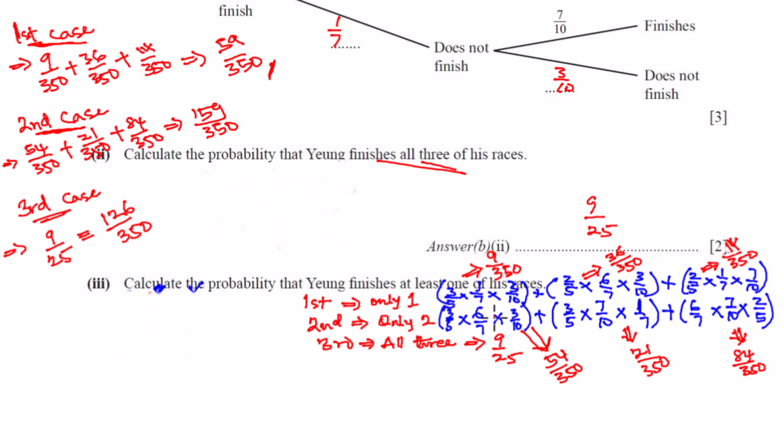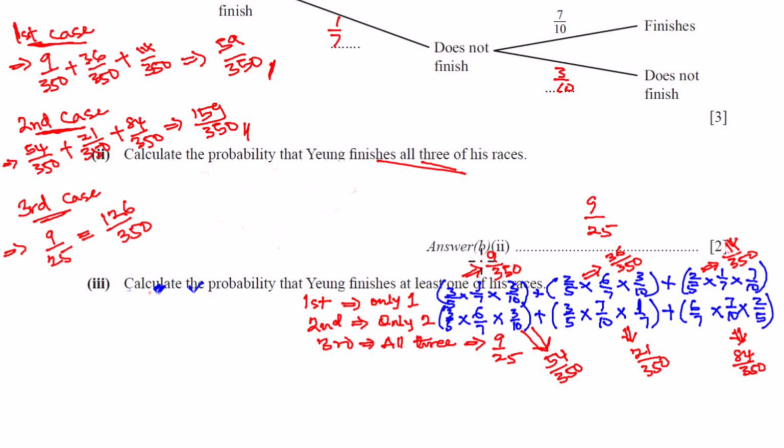The second case, the first bracket gives us 54 over 350. You can pause the video to also confirm these values: 54 over 350, 21 over 350, 84 over 350, which I have also critically analyzed here, and everything sums up to 159 over 350.